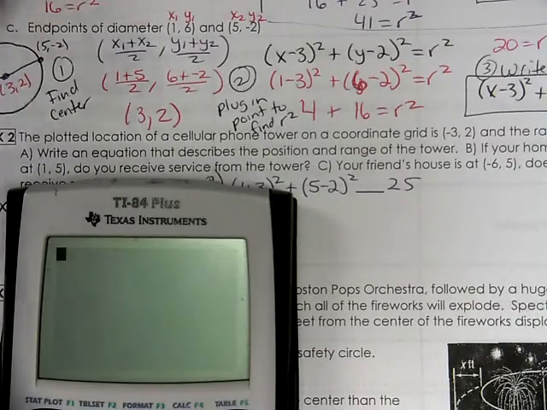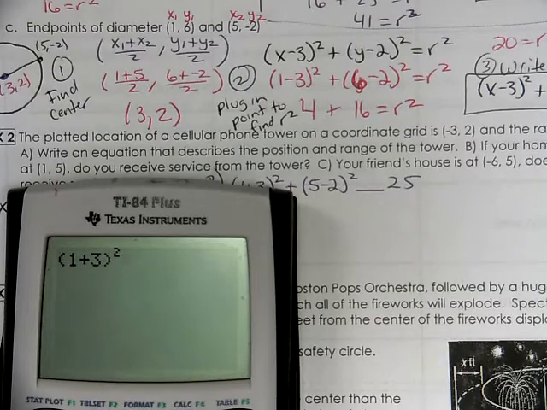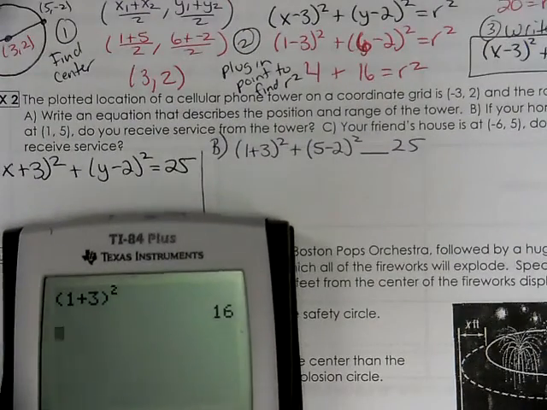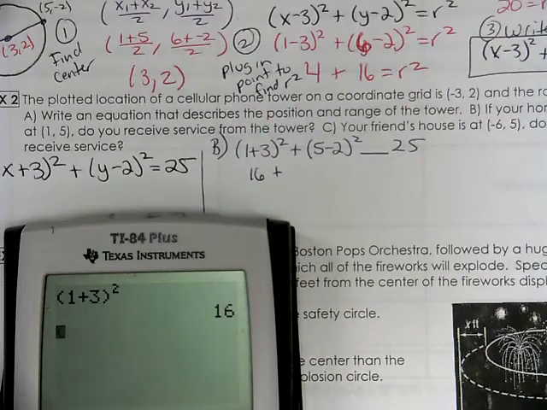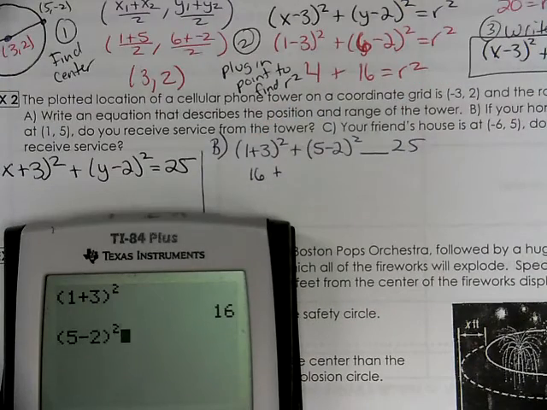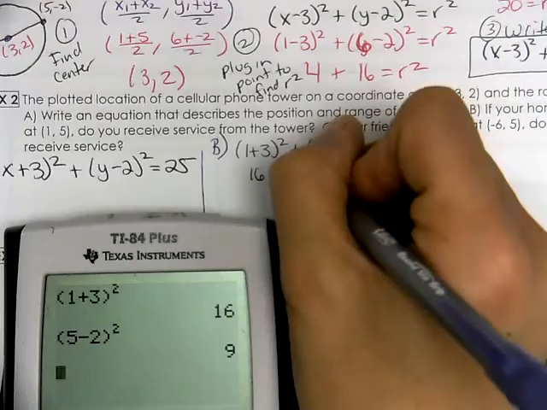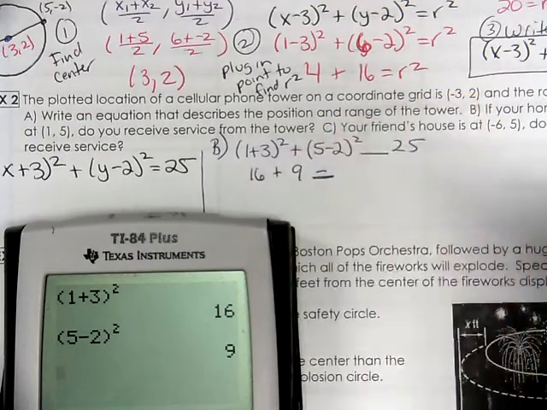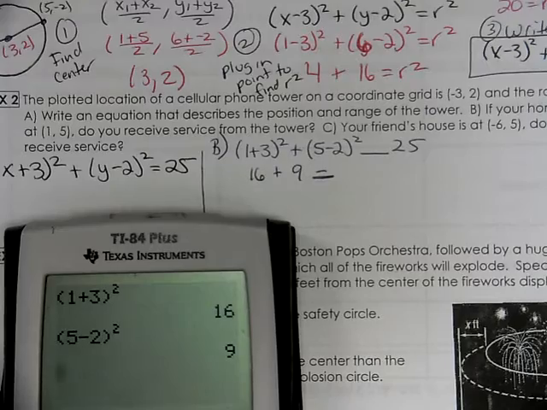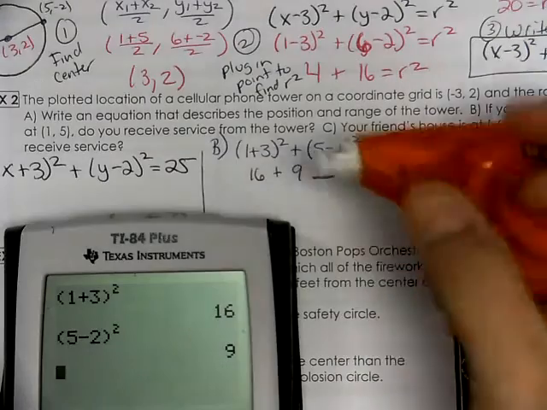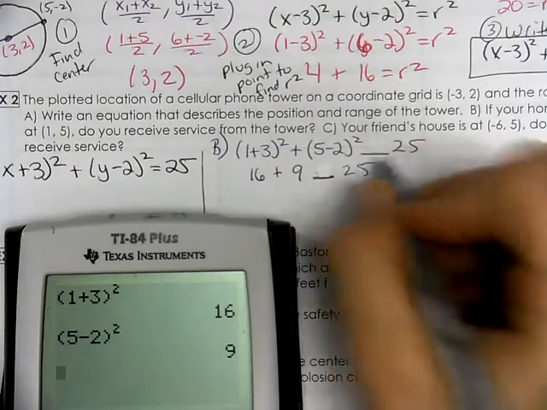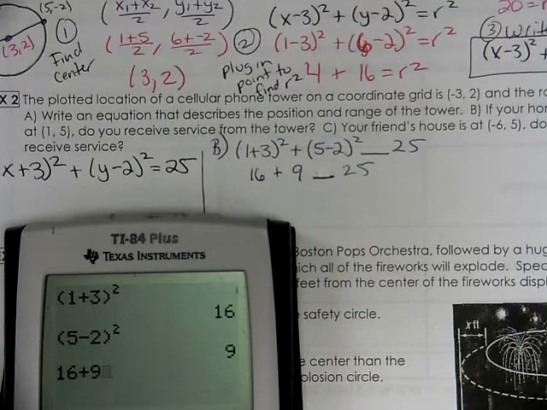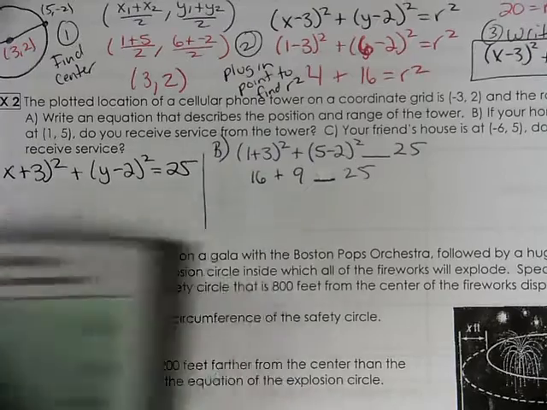Well, some of you do, because I can see that you're doing this. (1 + 3)² is 16. (5 − 2)² is 9. Oops, I almost put an equal sign. 16 plus 9 is 25.